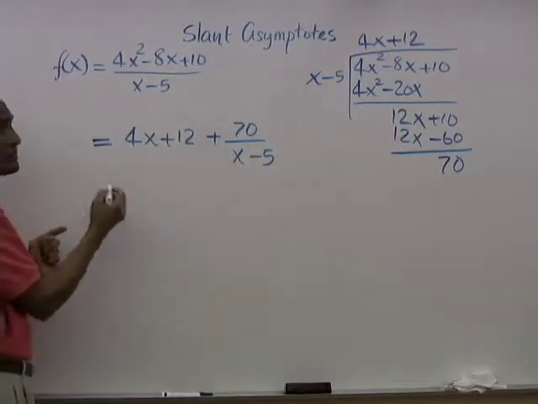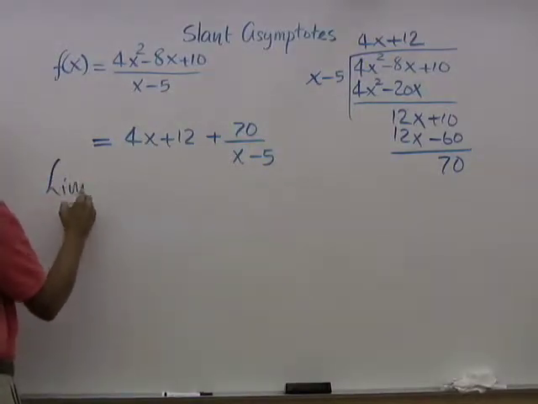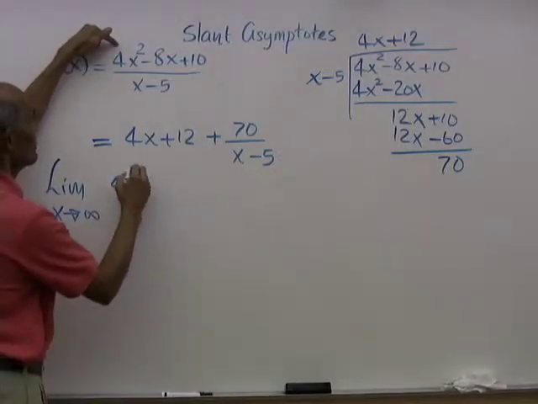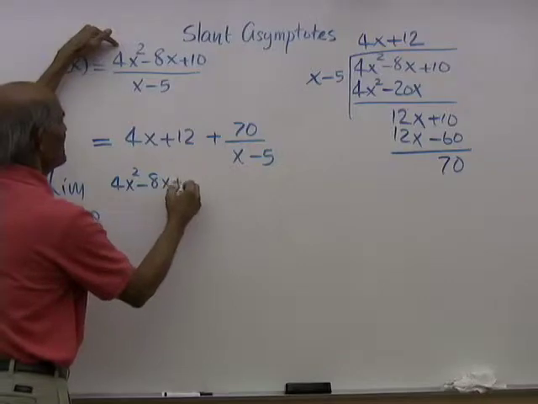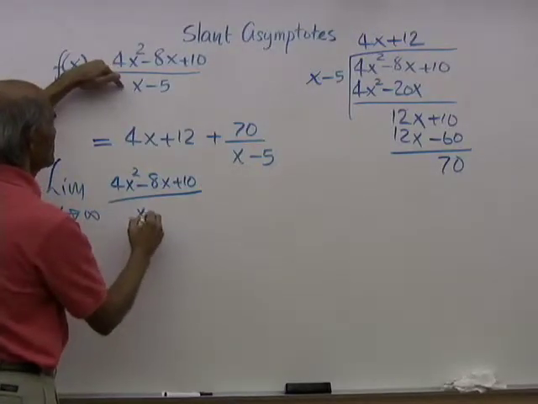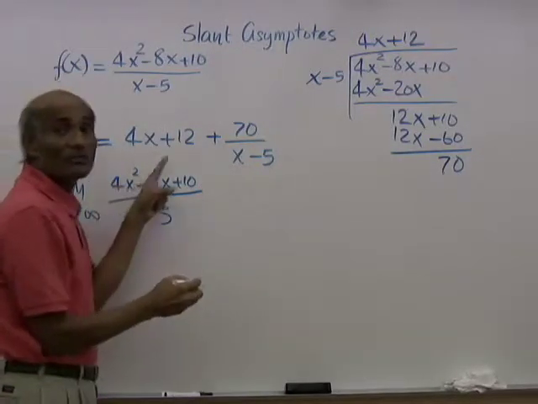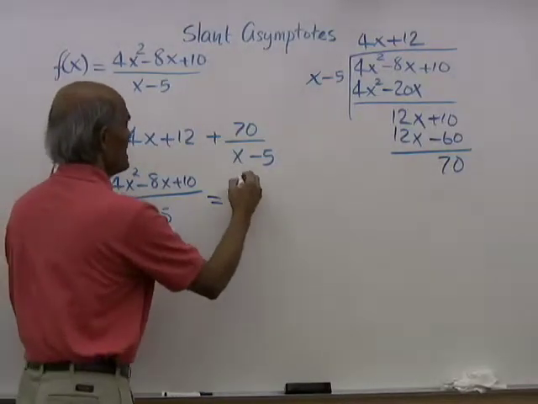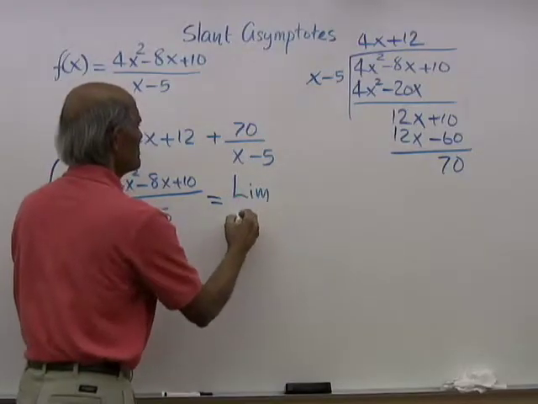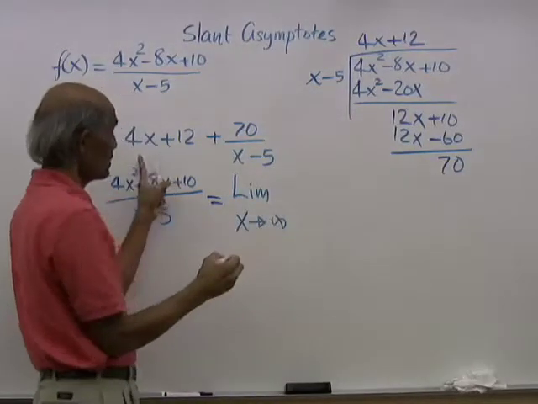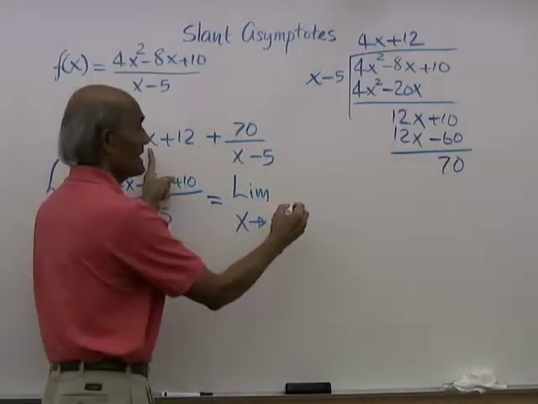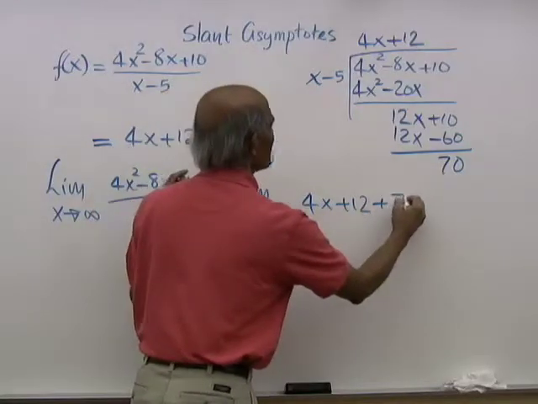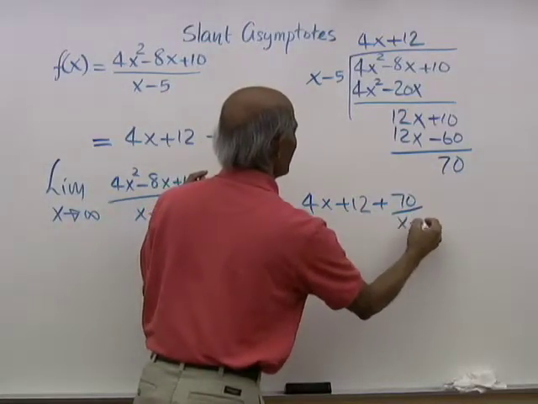The limit as x goes to infinity of 4x squared minus 8x plus 10 over x minus 5 is the same as the limit as x goes to infinity of 4x plus 12 plus 70 over x minus 5.